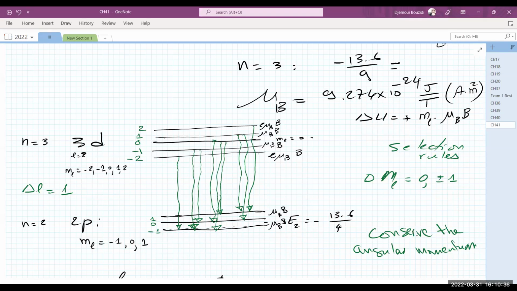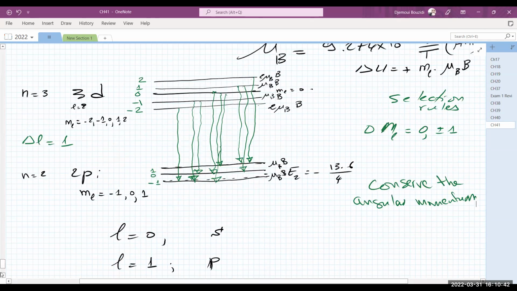The photon that is emitted will carry with it an angular momentum. So how is the angular momentum carried? If you guys remember from physics 2, an electromagnetic wave, which is the photon that is leaving, actually can be polarized, and that polarization can be a circular polarization, either left-handed or right-handed. It can be either positive or negative.